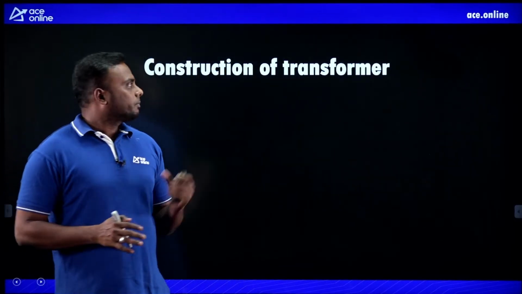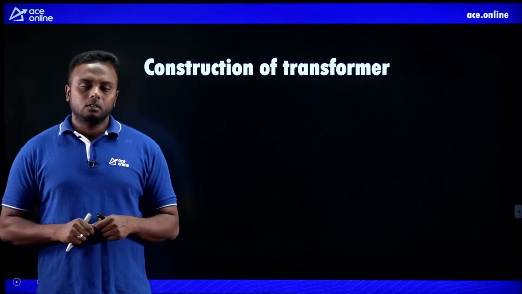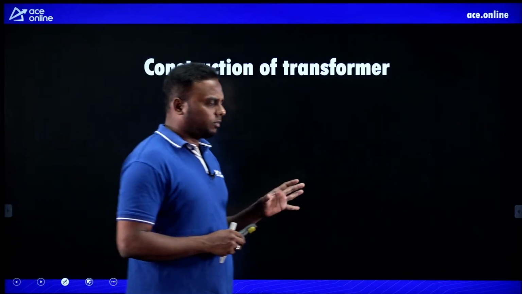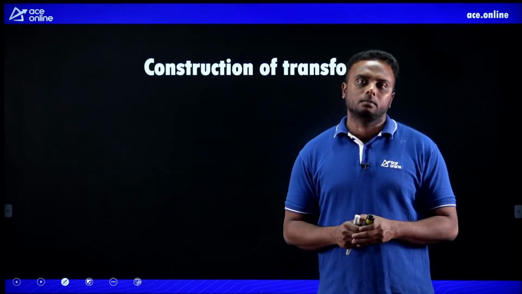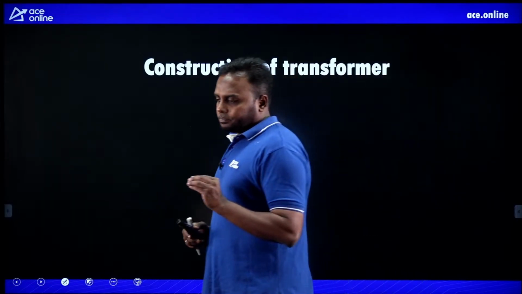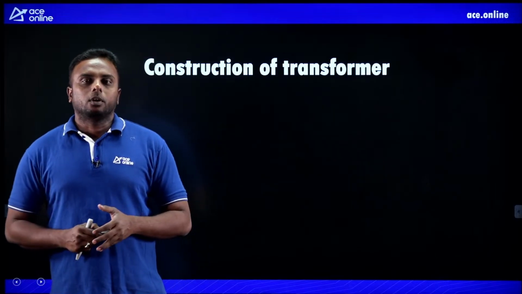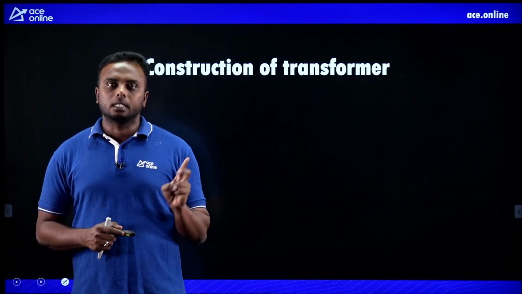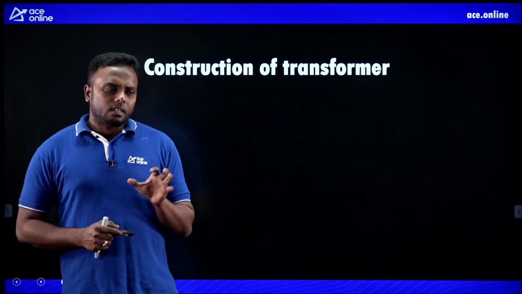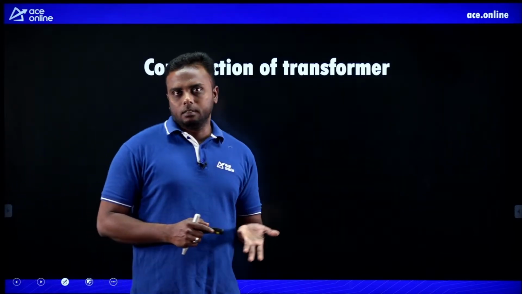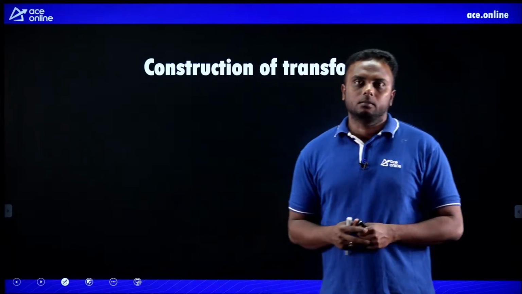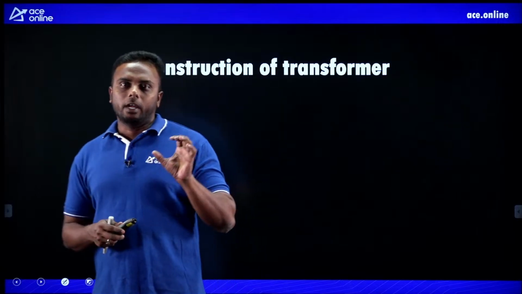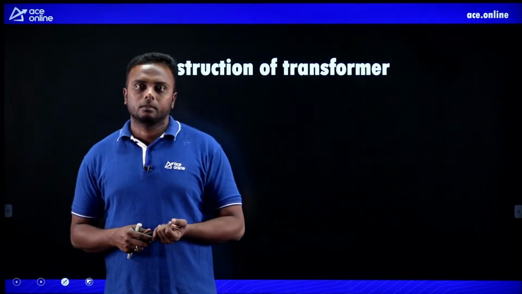Now, if you talk about construction of transformer, which topics are important? First of all, what are the important parts we have? Mainly, from the examination point of view, two parts are important: transformer core and transformer winding. But other than this, we have many other parts in a transformer. Core and winding we cannot see directly, they are not visible.